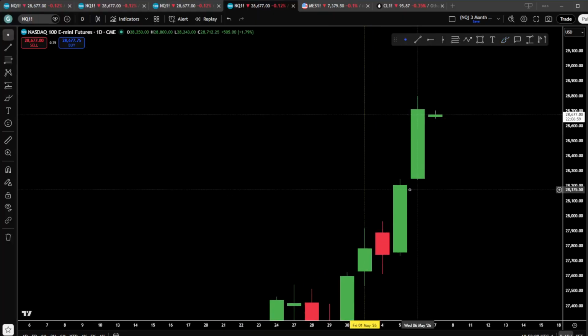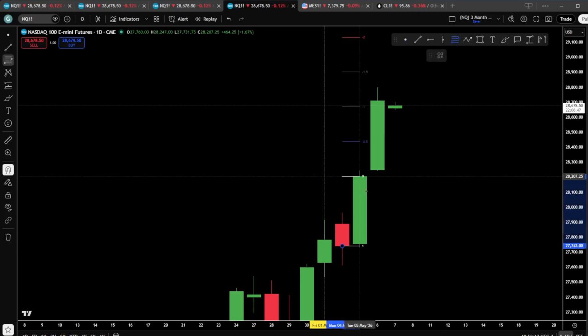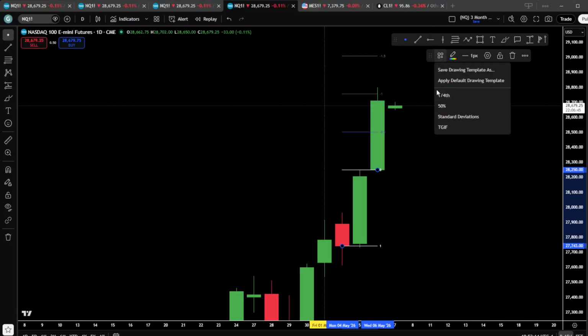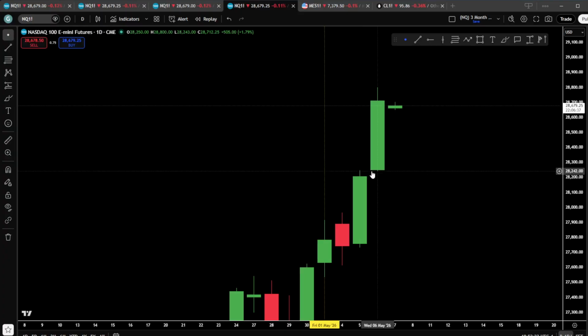In terms of discount array on the daily, we obviously have an order block, but price shouldn't revisit this level. Ideally, to me, it shouldn't even revisit, at least today, the range of the previous day's low, which has a volume imbalance.